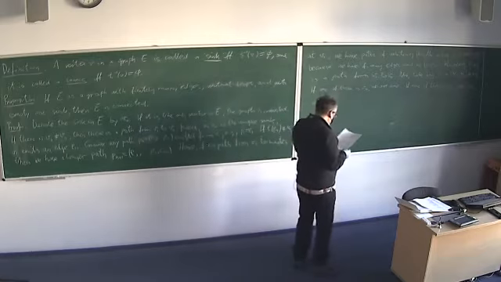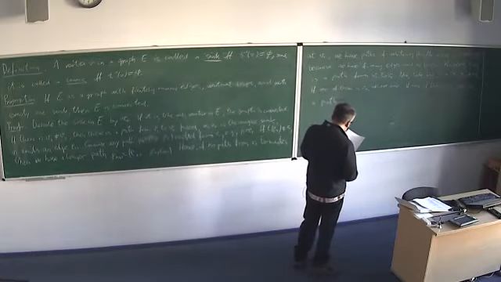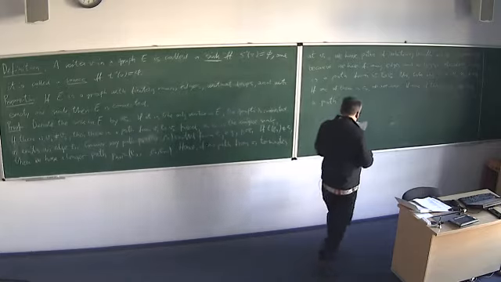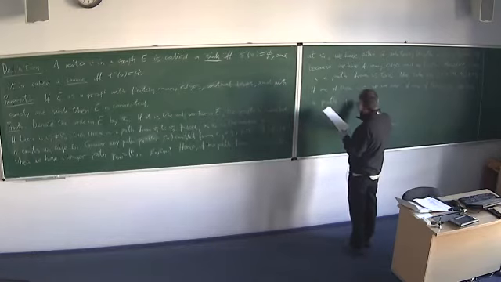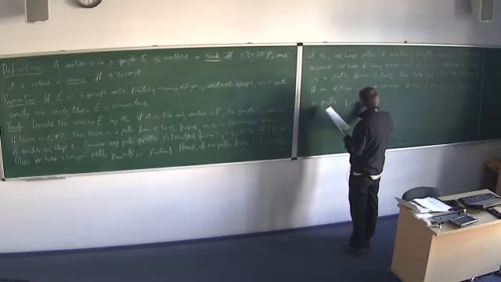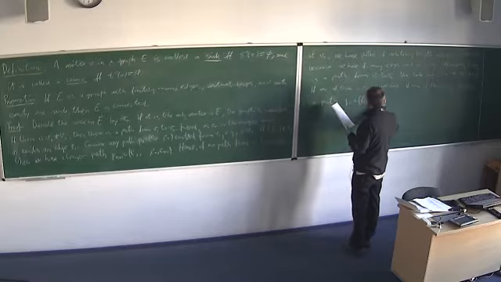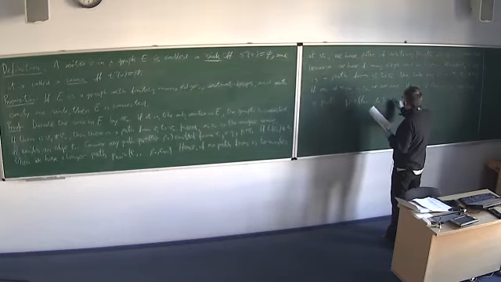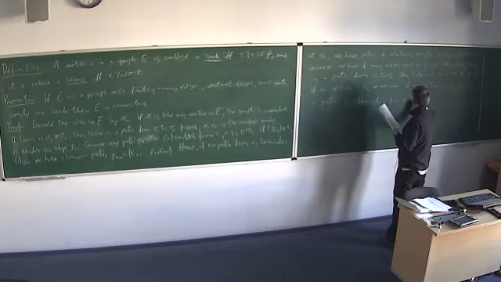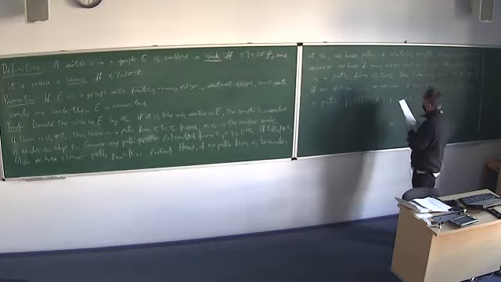Now let me not mess up the notation. Okay, a path Q1 which consists of some edges F1 to Fk from W1 to V0, okay?